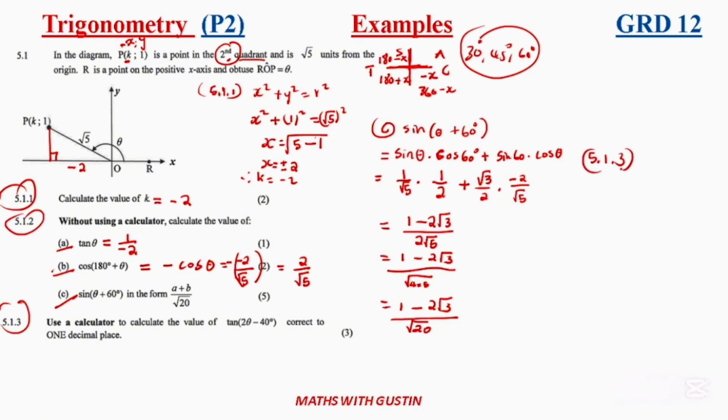5.1.3 says use a calculator to calculate the following: tan of (2 theta minus 40). So they want us to calculate this value here. Great stuff. Now let's see, we don't have theta. But is it possible to get theta? Yes, we can get theta because theta is unknown.